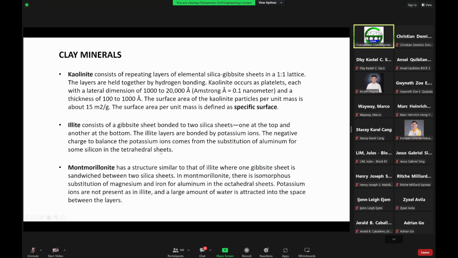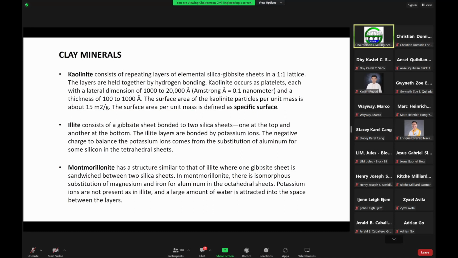Now the illite layers are bonded by potassium ions. And then the negative charge to balance the potassium ions comes from the substitution of aluminum for some silicon in the tetrahedral sheets.